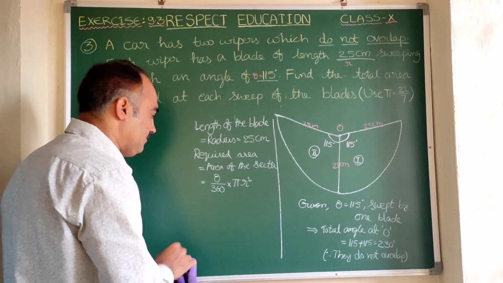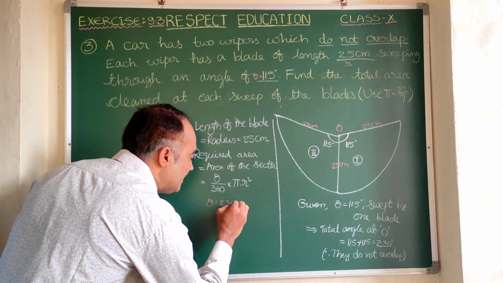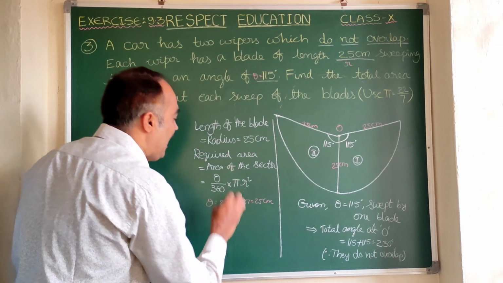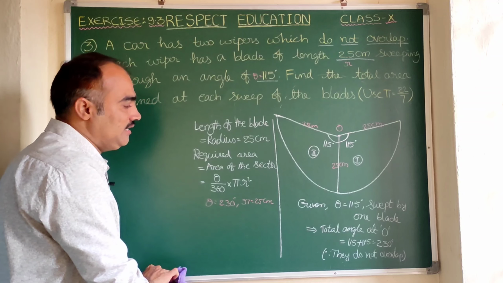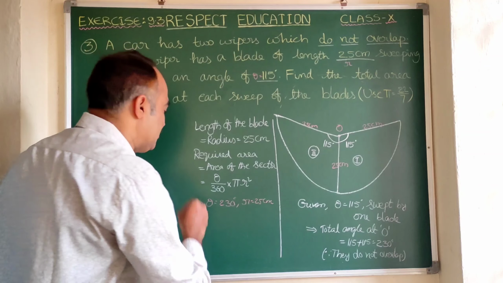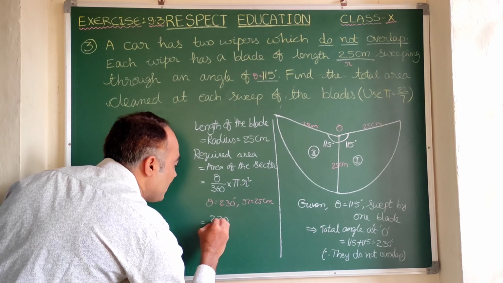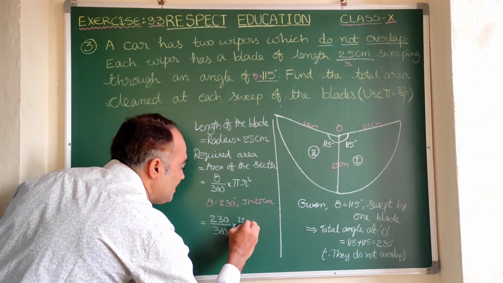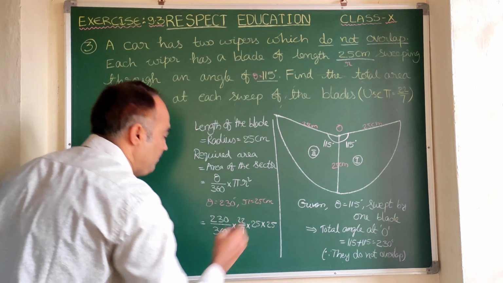Here let us write the values. We have theta is equal to 230 degrees and r is equal to 25 centimeter, and pi can be taken as 22/7, that is mentioned in the question. So let us substitute these values. Theta means 230 by 360 into pi is 22/7 into r square is 25 into 25.